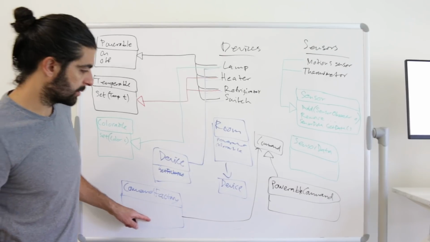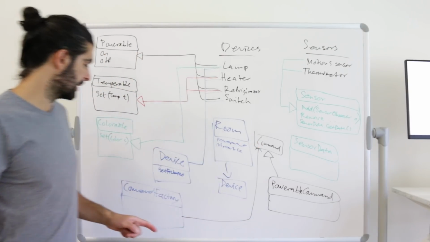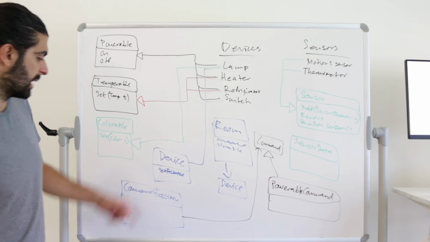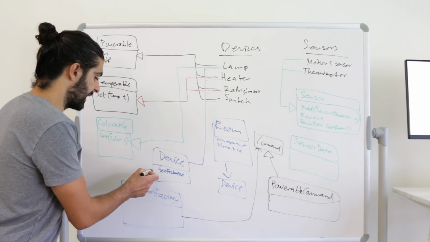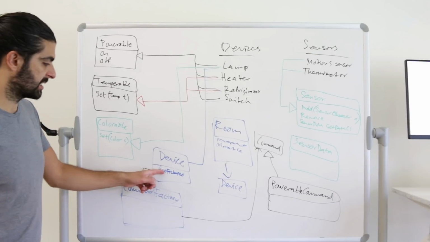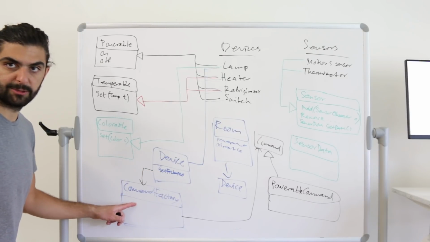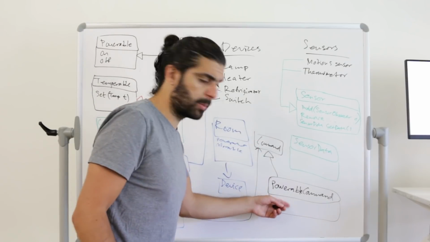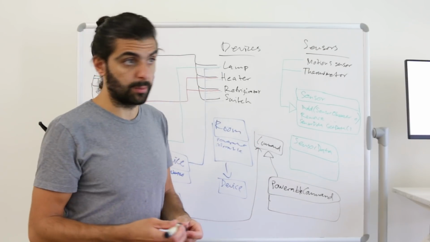A command factory produces commands. And similarly, we should say a device, when asked about get factories, can produce command factories. Command factories produce commands, and an example of a command would be a powerable command.